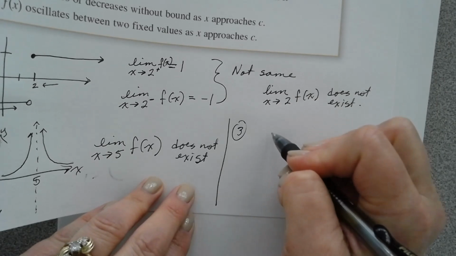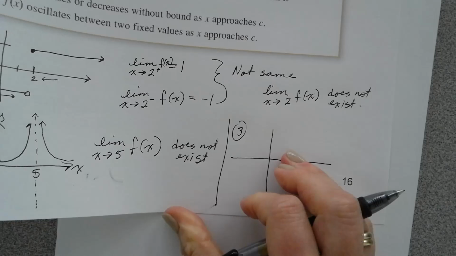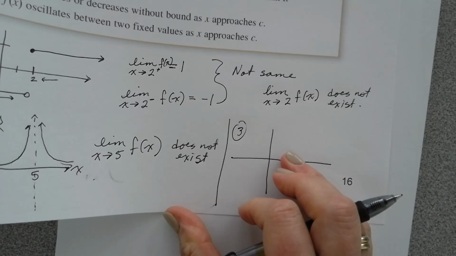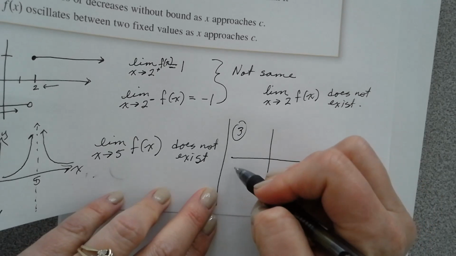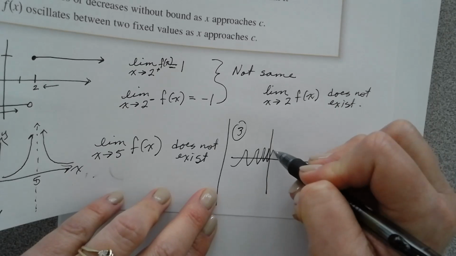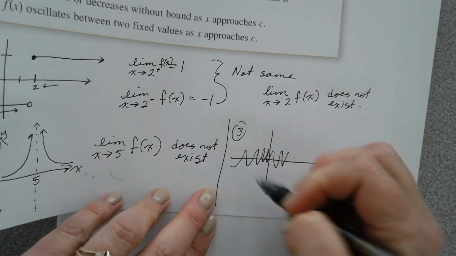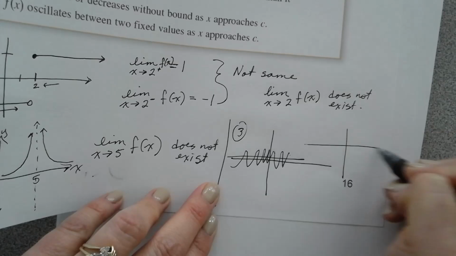So if you have a graph that comes in and as it gets closer, it oscillates back and forth. Well, it's actually going to be tighter as it gets closer. So let me try that again.